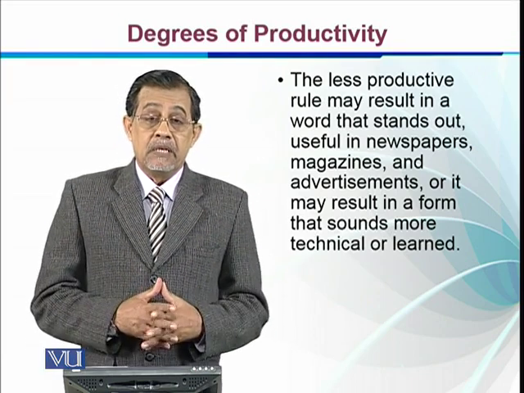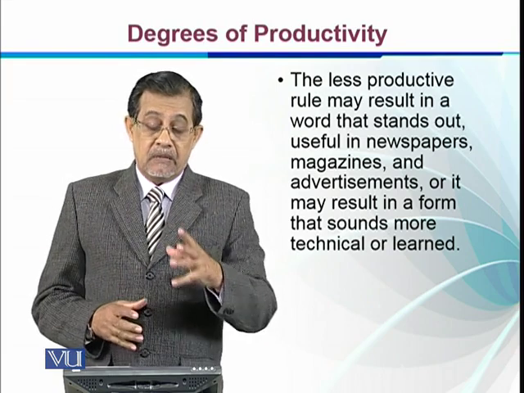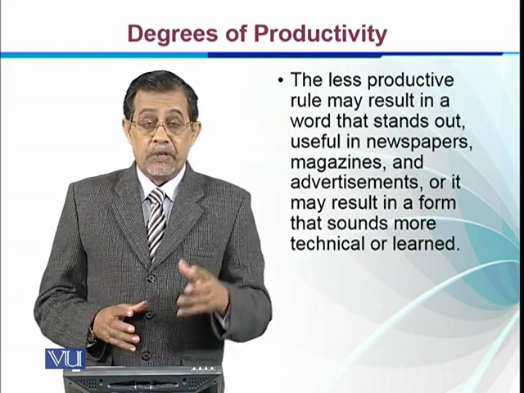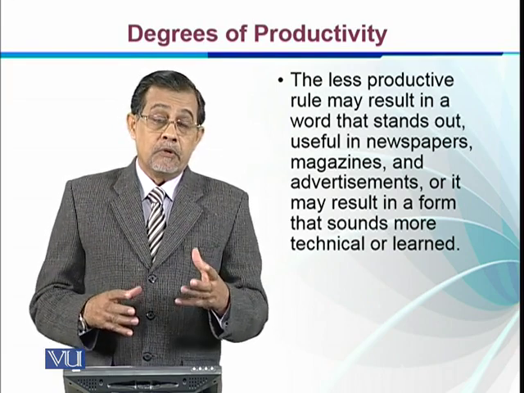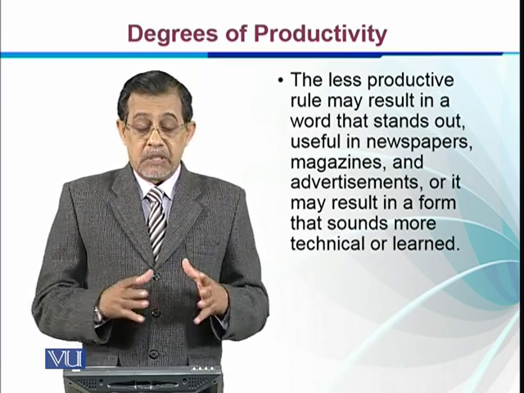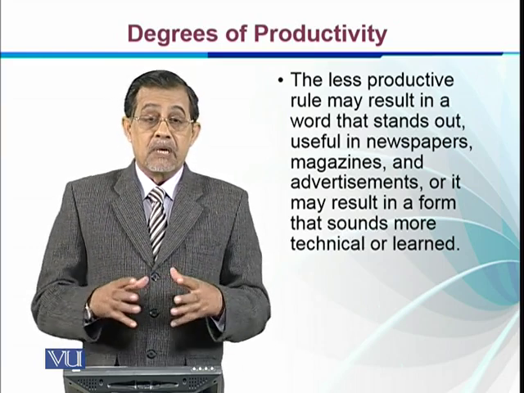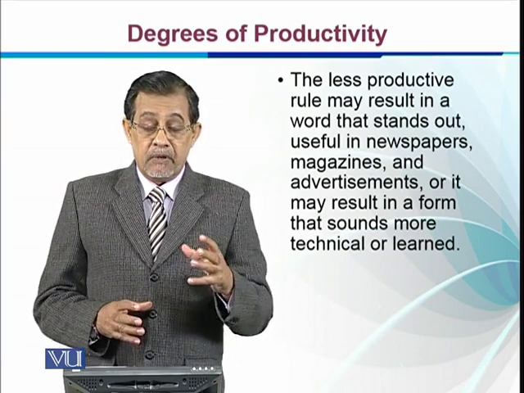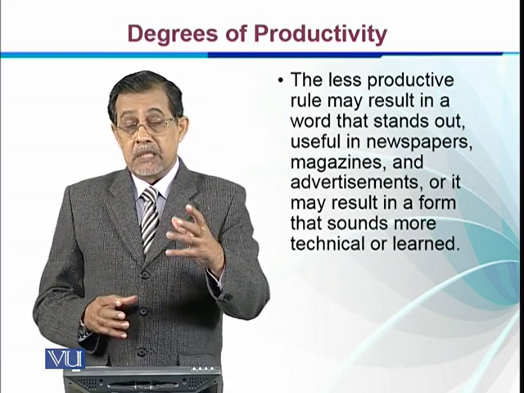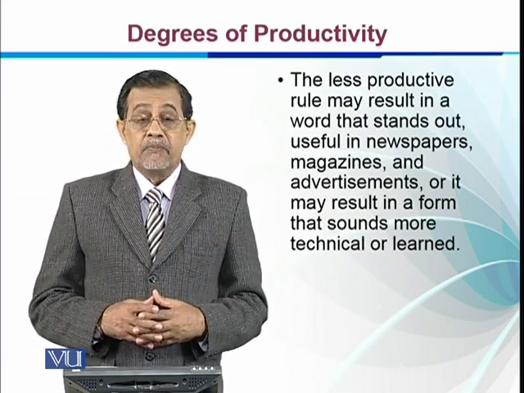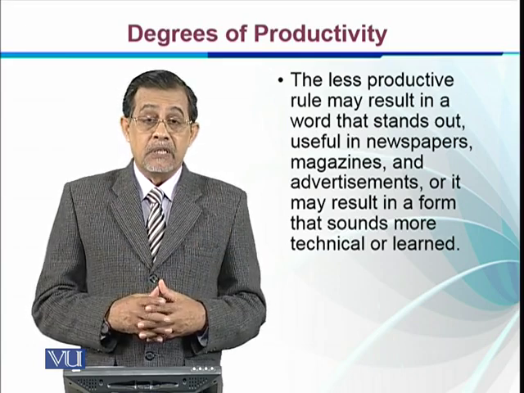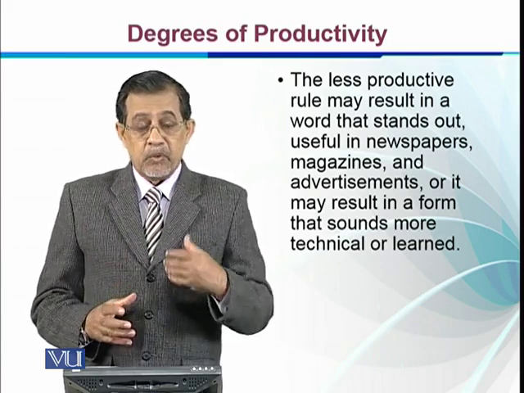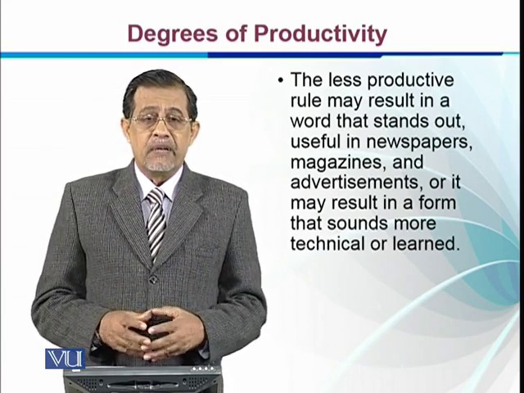So, the less productive rule of a word has its own place, right? So, these are some of the factors, or we can say that these are the degrees of productivity that enable a word to enter the lexicon of a language.